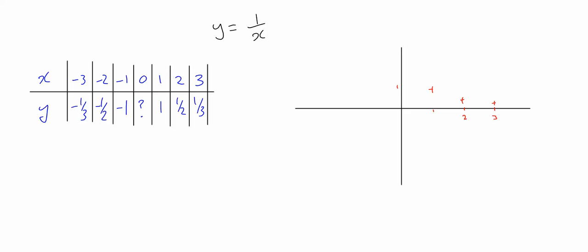If x is minus 1 over here, we get y is minus 1, and so we have a point about here. X is minus 2, y is minus a half, and so minus 2 here, minus a half is about there, and minus 3, minus a third is about there.